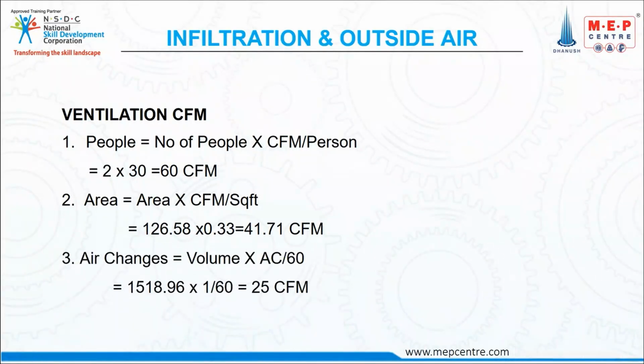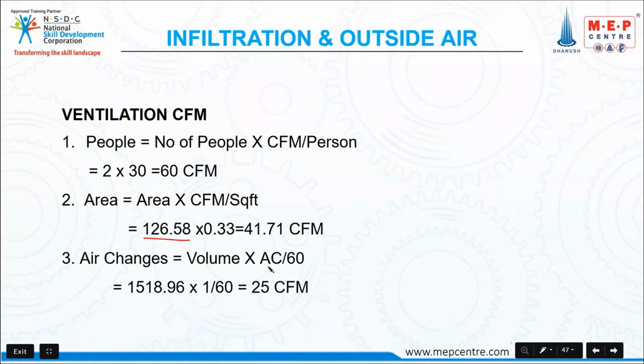And air changes. So for air changes we take the volume. How do we get the room volume, sir? Length into width into height. Length into width is already this value. Multiply it by the height. Height from floor to ceiling, how much did I give? I have given 12. So into 12, which is 1518.96.